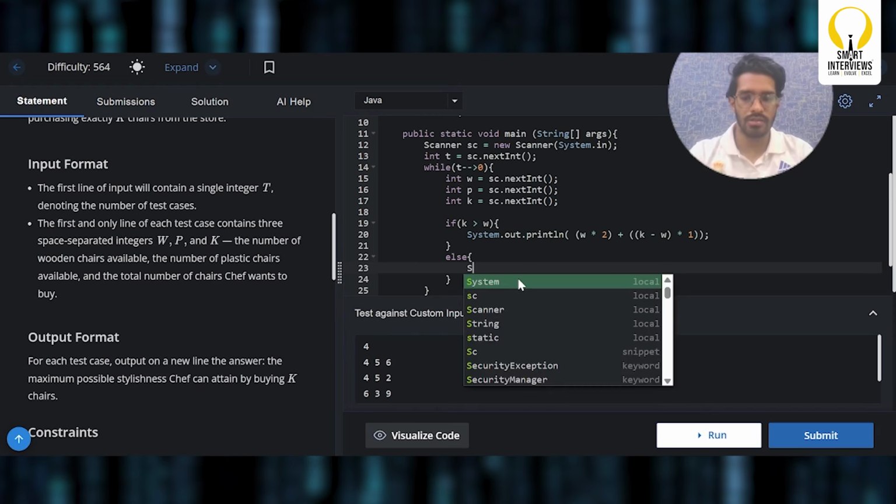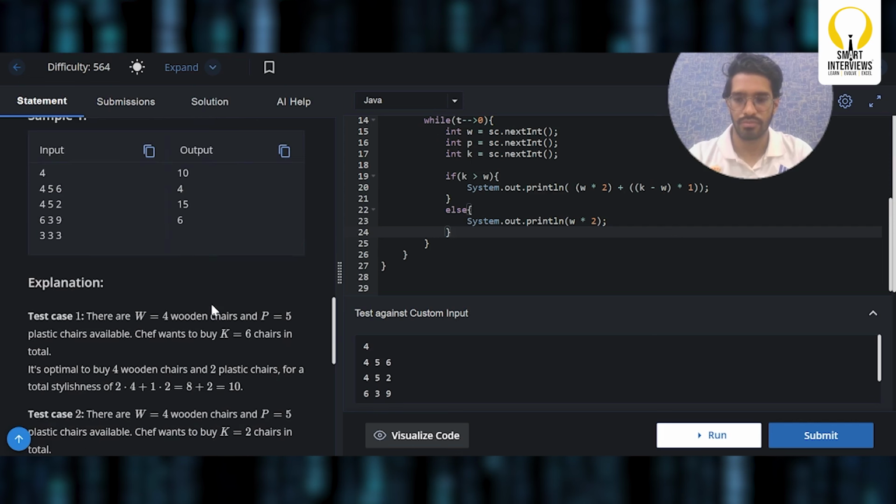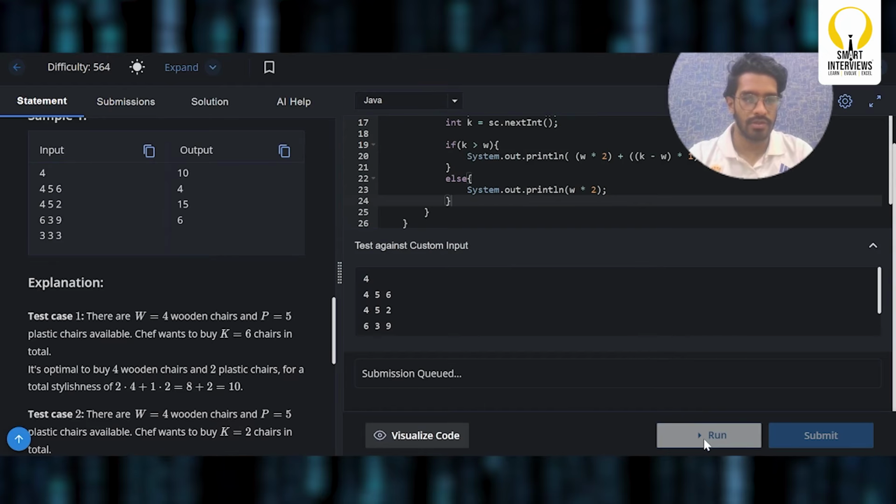So in this case, you can copy down this line, right? In this case you will definitely pick up all the wooden chairs that are available to you. Let us try running this code and see if it is working as expected.